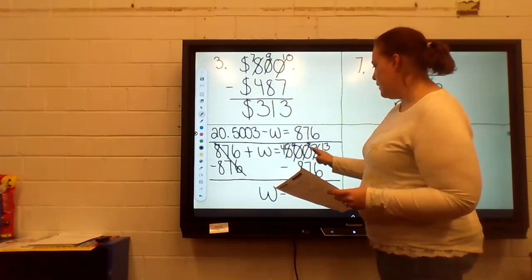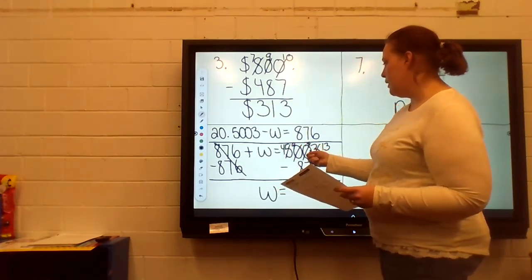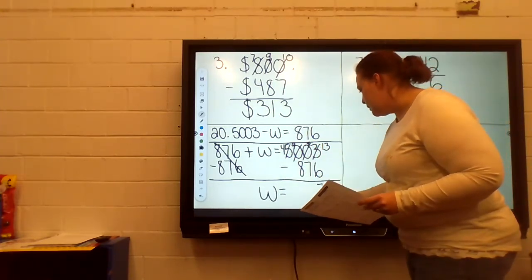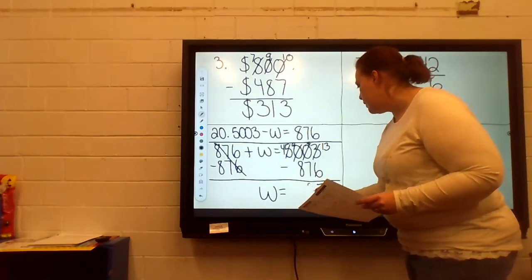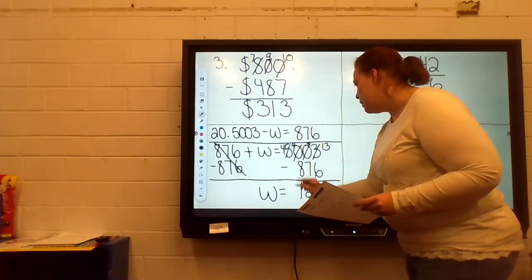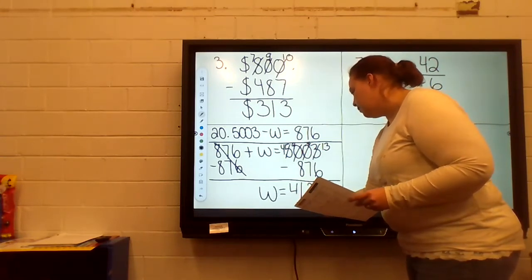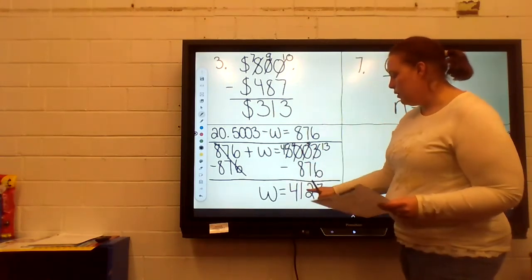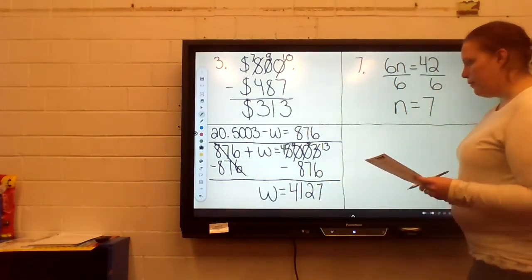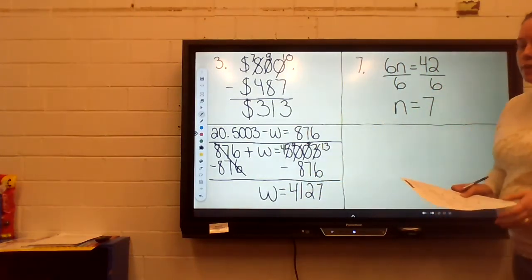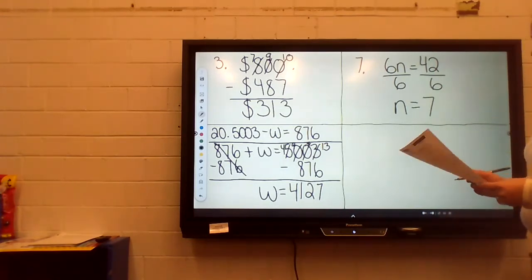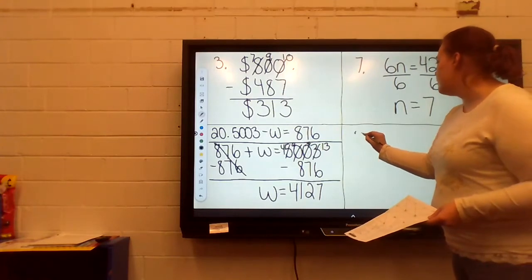So if you guys can't see it, I have 4, 9, 9, and 13 there. So 13 minus 6 is 7, 9 minus 7 is 2, 9 minus 8 is 1, and then you bring down your 4. So W will equal 4,127.